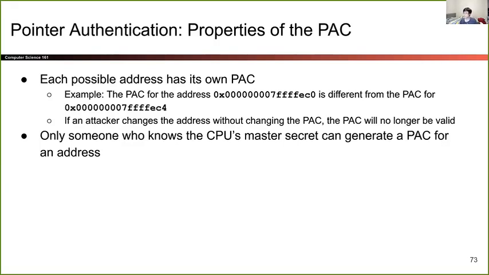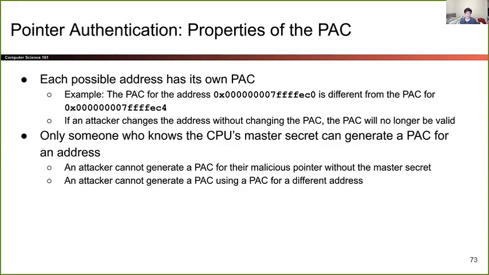If the attacker is able to just figure out what the PAC for a different address would be, then they can just overwrite that pointer and overwrite the PAC so that it's still valid. So we want to make sure only the CPU can do it. And the CPU has this value called the master secret. We'll talk a little bit more about how this works in the cryptography unit, but basically the attacker can't generate a PAC without the master secret, and the attacker can't generate a PAC using a different PAC.